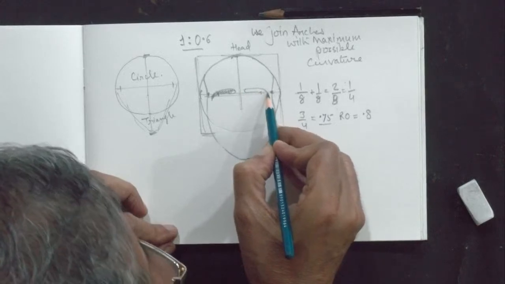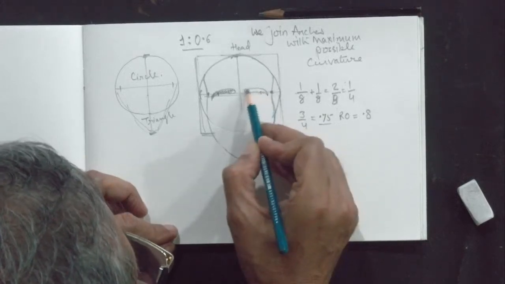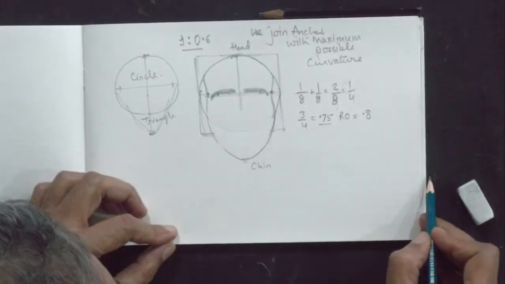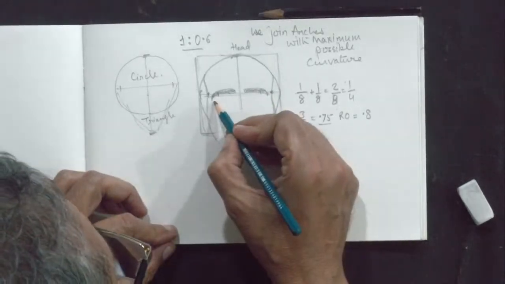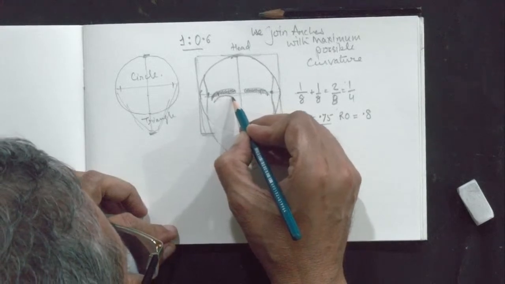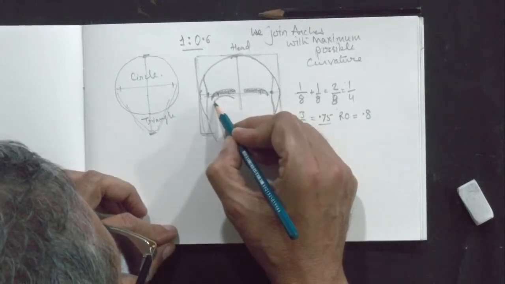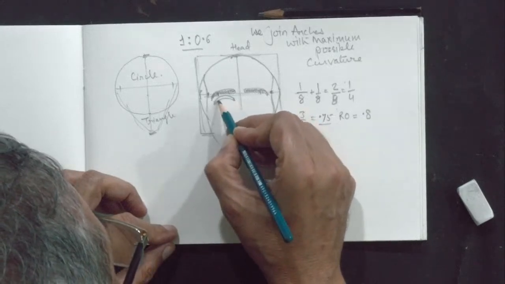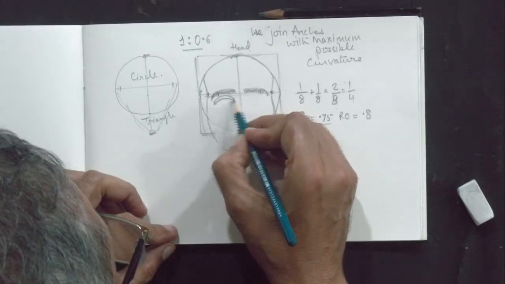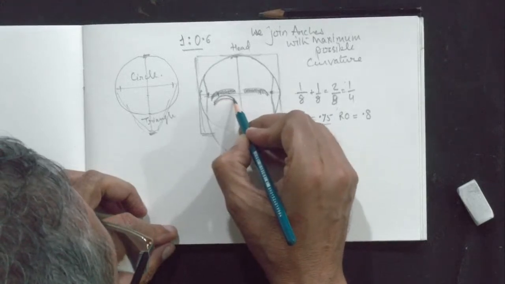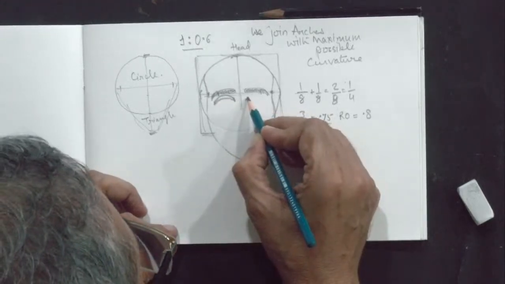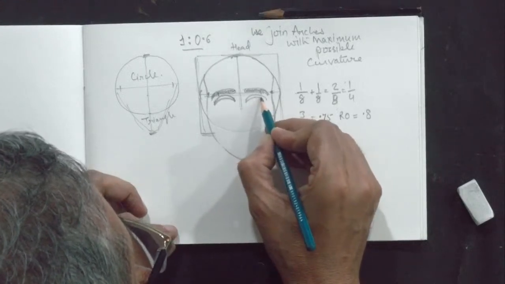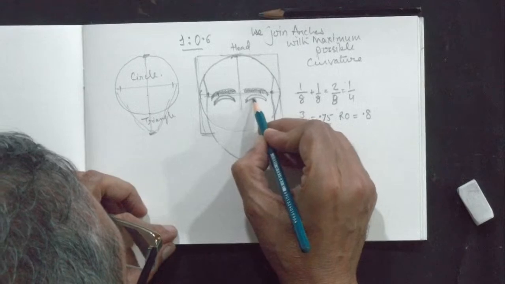It depends on your individual choice how thick you make the eyebrows. Below that are the eyes, making the eyes, the upper eyelid with two semicircles joining at the ends.